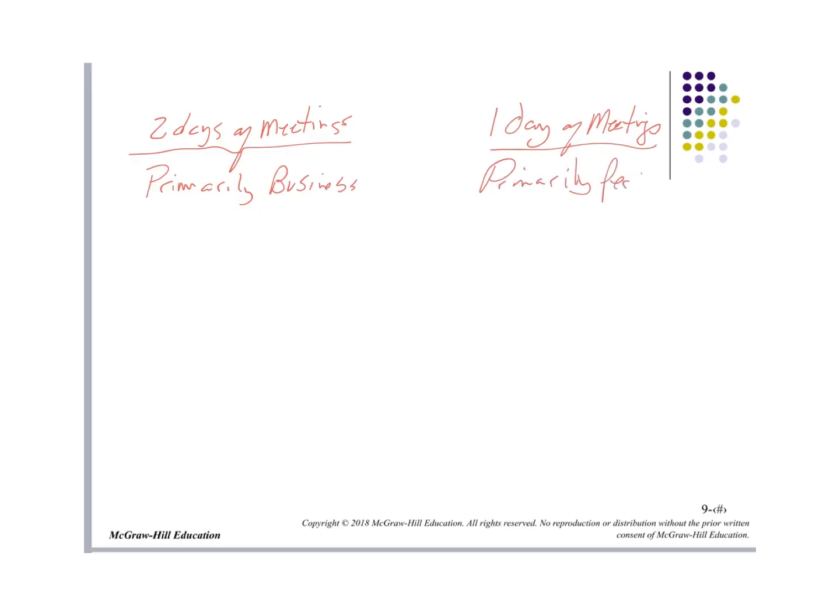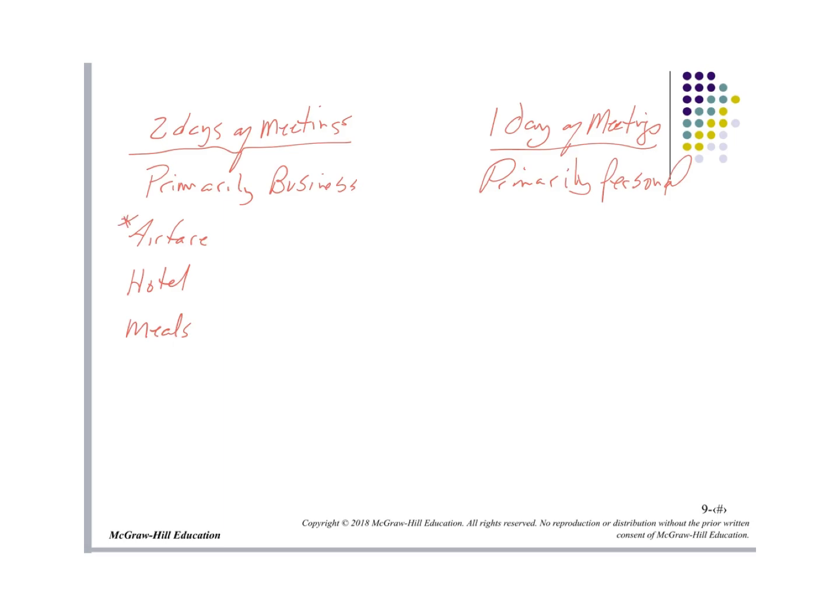Primarily personal. Okay? So we have airfare, hotel, and meals. Okay? So airfare, let's look at airfare.